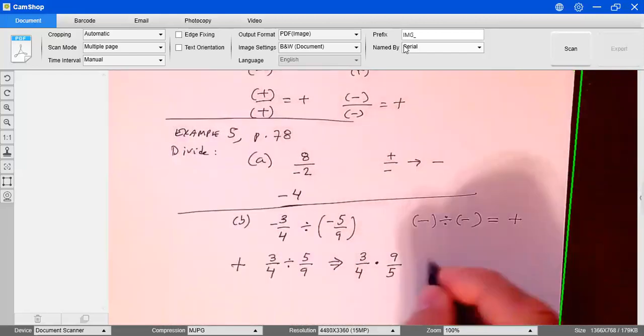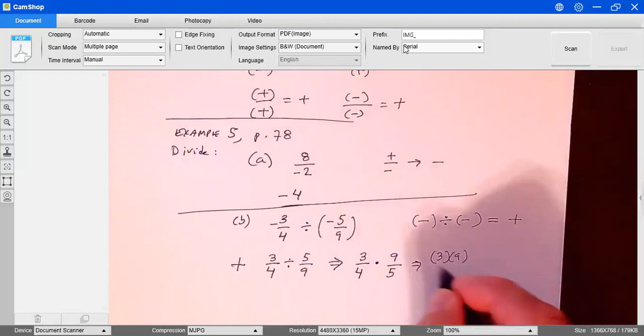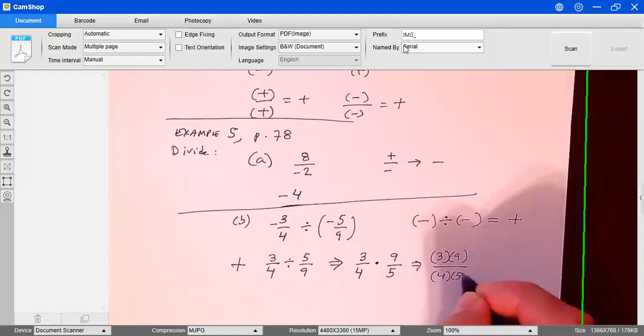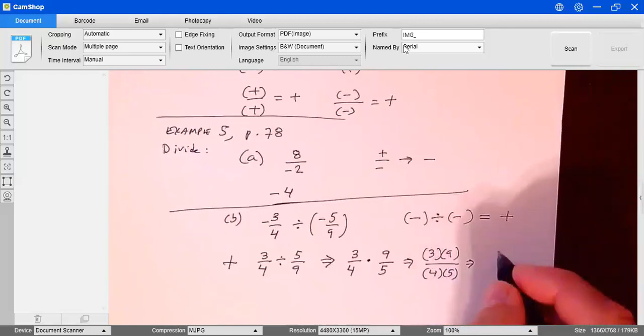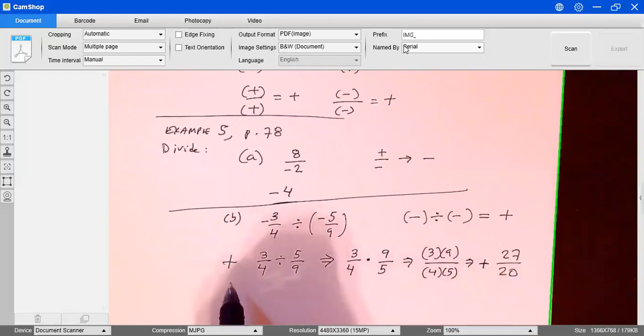So now you proceed with the multiplication. 3 times 9 over 4 times 5. So the final answer is going to be 27 over 20 with a positive sign, because that's what we found at the very beginning.